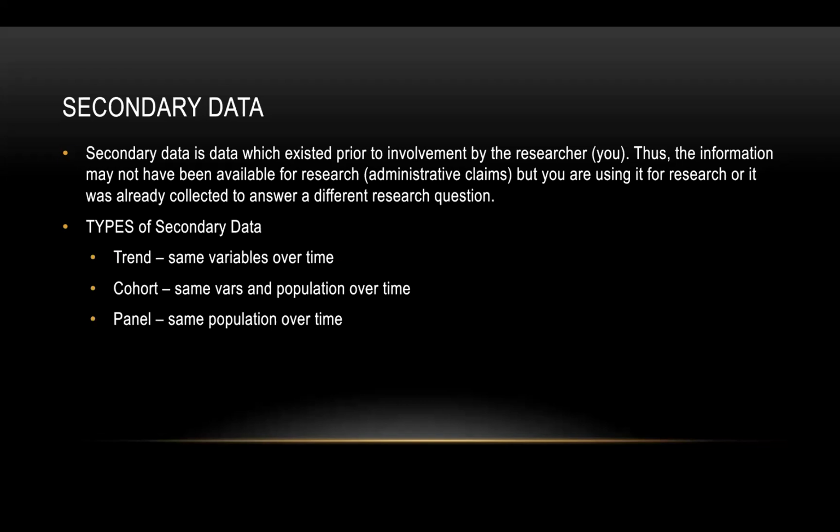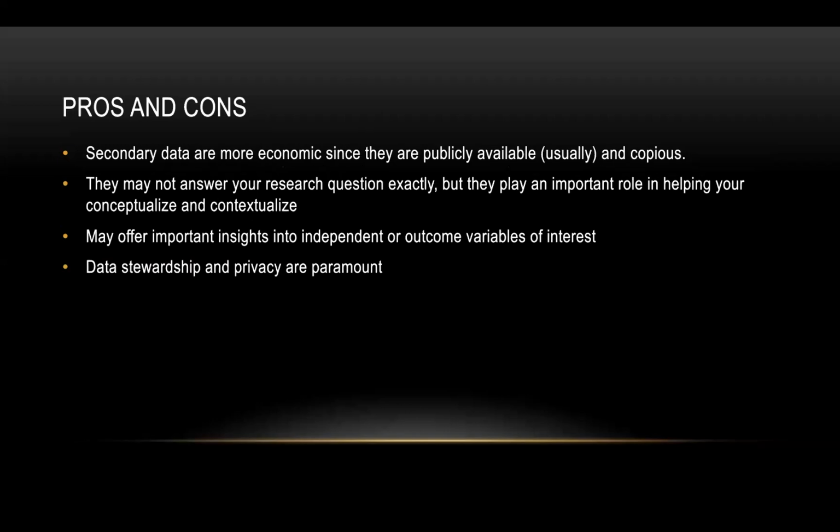And there's a few general types of secondary data, because secondary data, like I had already stated before, can come from a lot of different sources. So we're talking specifically about survey secondary data. And again, that can be trend and panel, but it can also be cohort, right? And that's not as common, that's usually used for research data, because it's very expensive. That's the only reason, because cohort data is wonderful, but again, it's very expensive. And secondary data in general are better because they are more economic, they're publicly available, and there's a lot of samples.